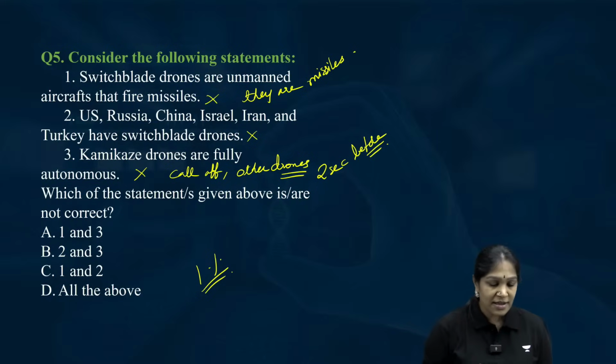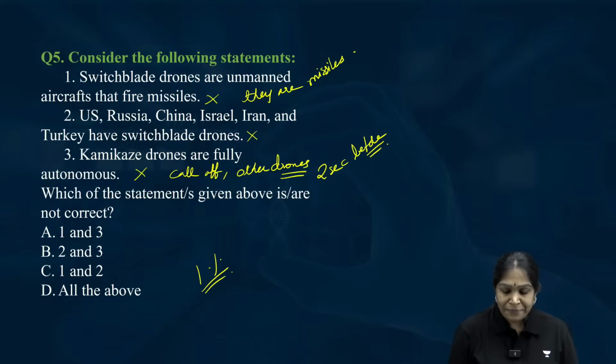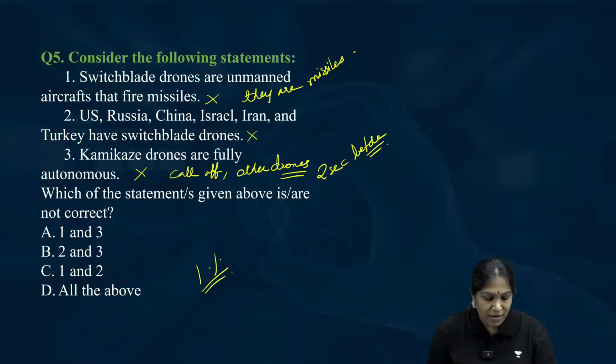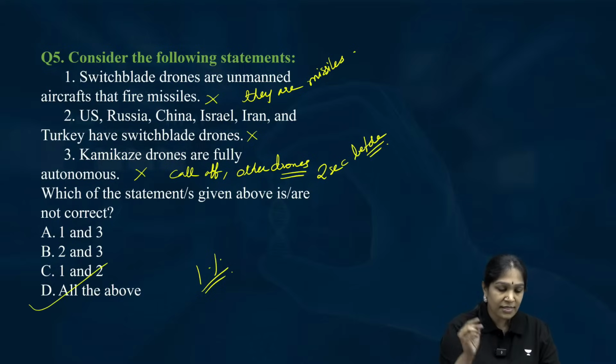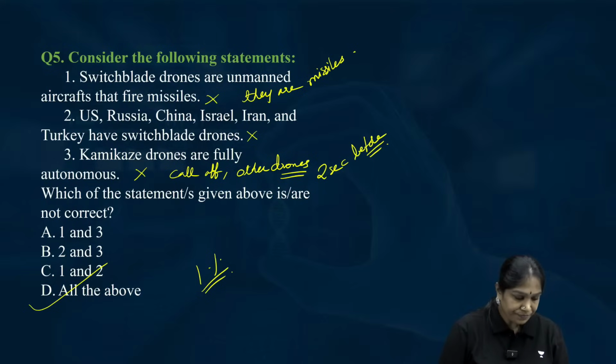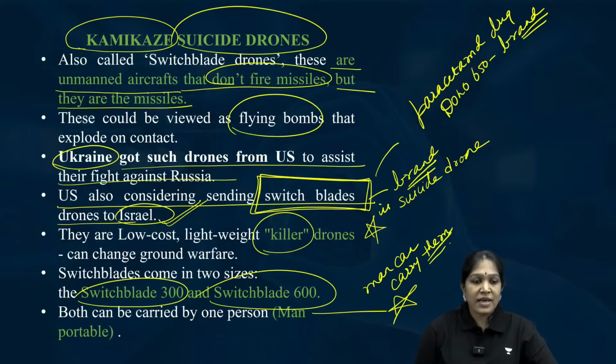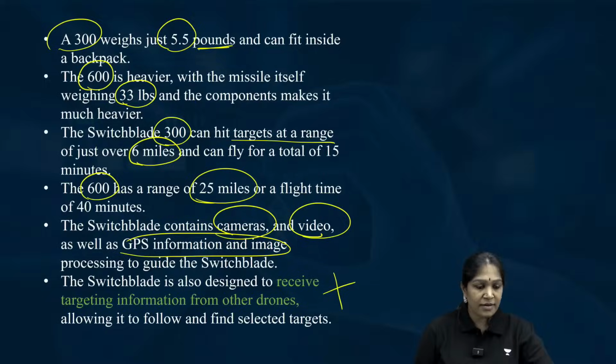That is the reason why kamikaze drones should not be fully autonomous. So which of the statements given above are not correct? All the above, right? Clear? So every piece of information about these suicide drones is given here.